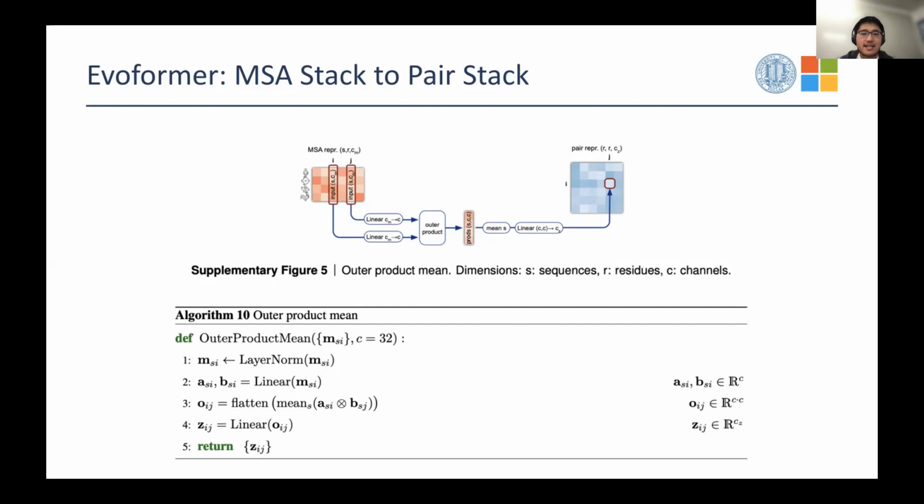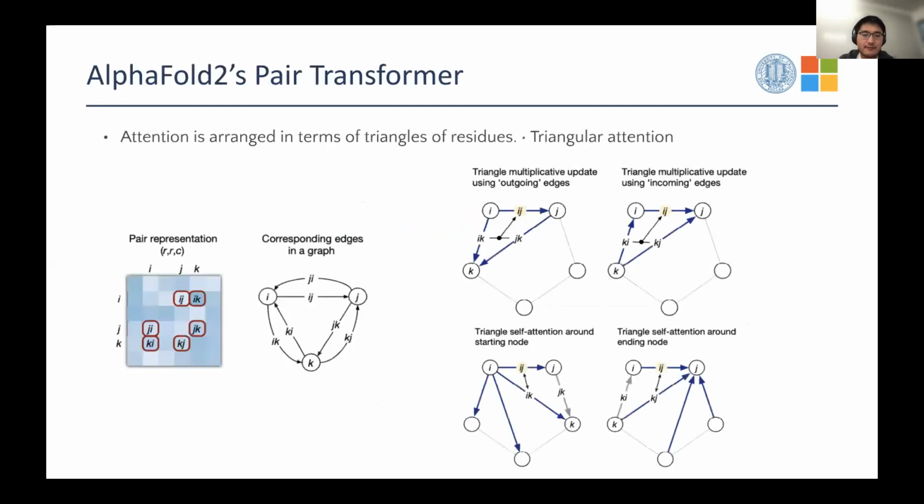So that is where the information is transferred from MSA to pair. This is the encoding process, by an outer product mean.